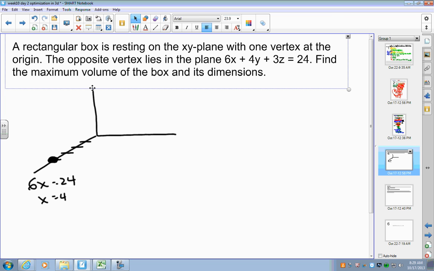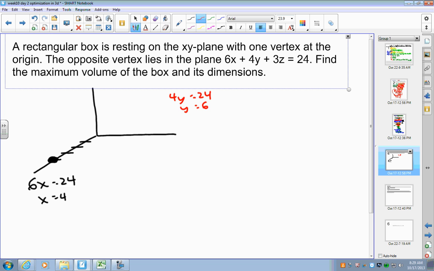Okay. I could do the y one, which is when does 4y equal 24? That's at y equals 6. Okay. And I have one more. I could do the 3z is 24, and that's at z equals 8.